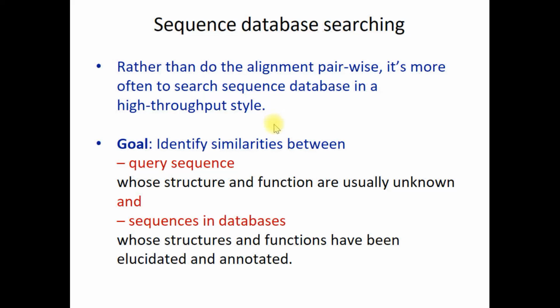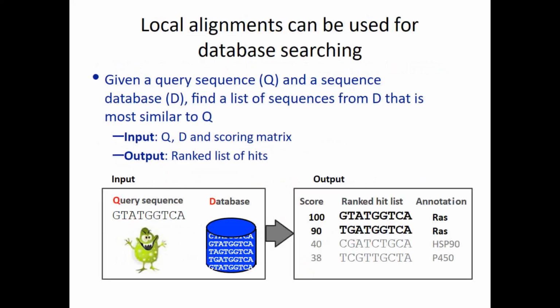And the goal is to identify the similarity between the query sequence, whose structure and function are usually unknown, and sequences in the database, whose structures and functions have been elucidated and annotated intensively.